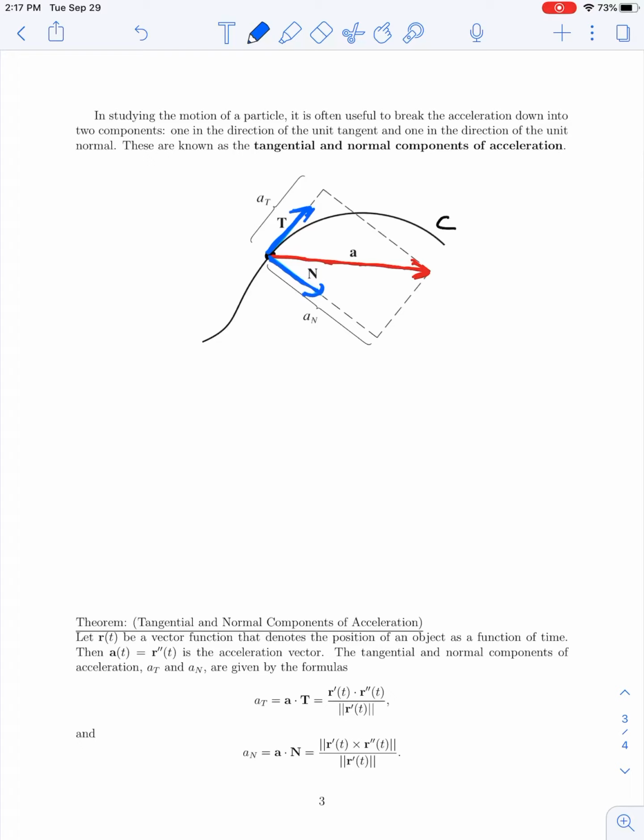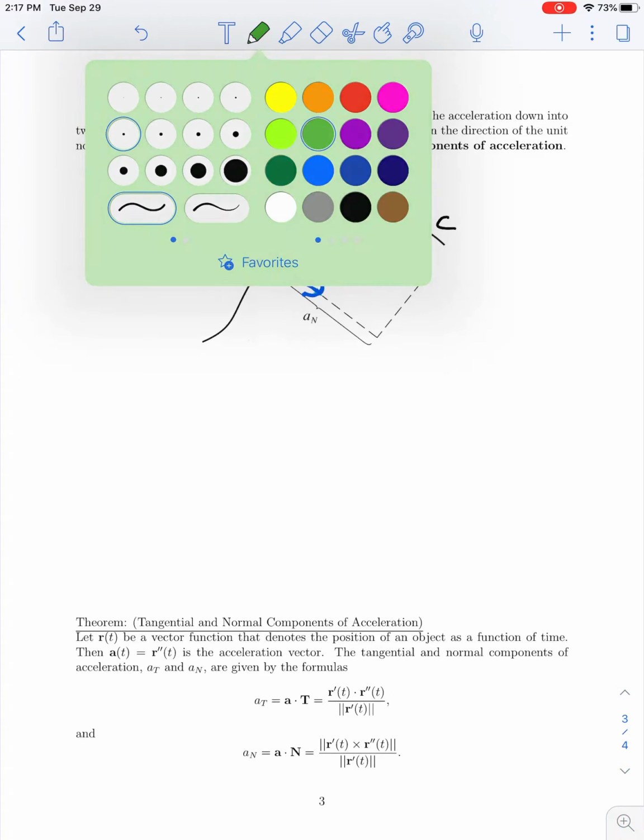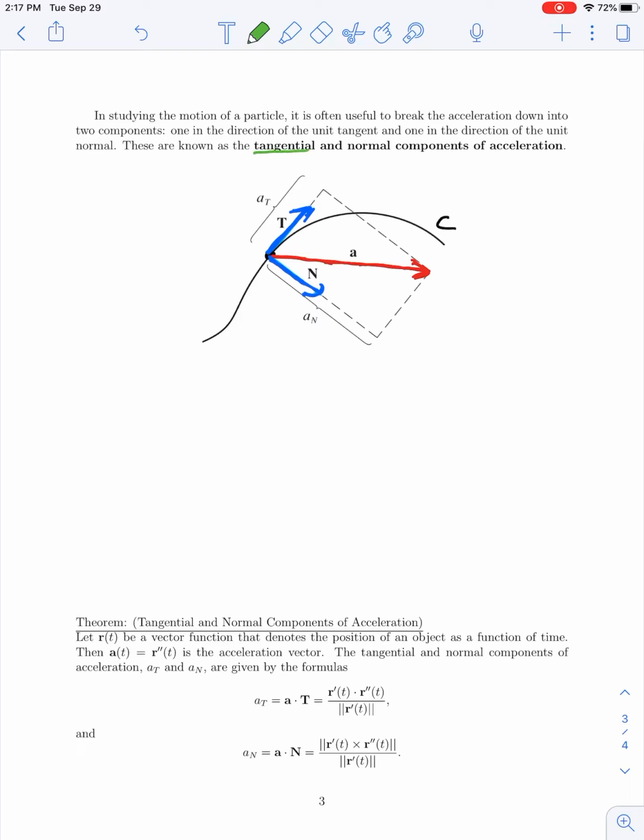So the tangential and normal components of acceleration are these components of the acceleration vector acting in the direction tangent to the curve, or the direction normal to the curve.